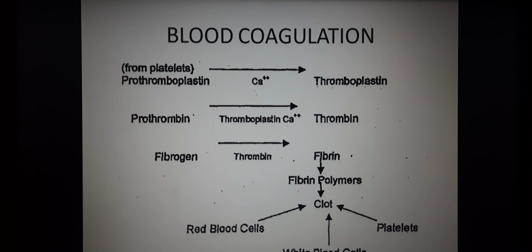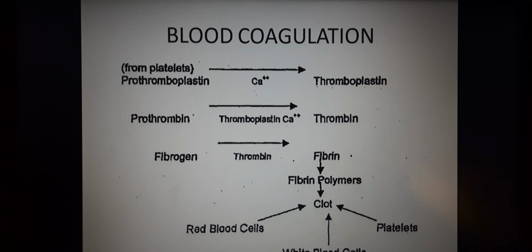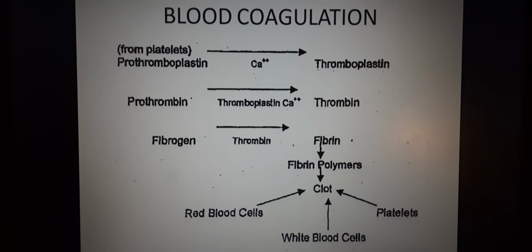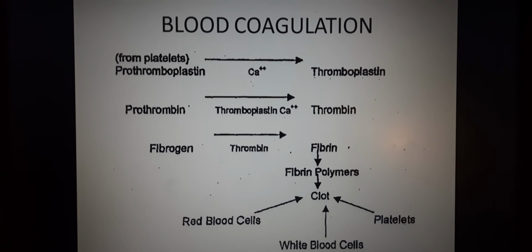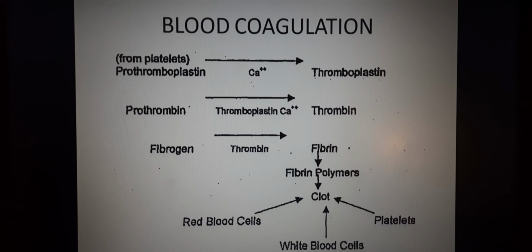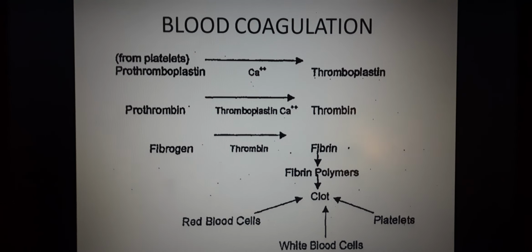This is the most important thing: the coagulation of blood. Coagulation of blood is very important, because whenever there is any trauma, that is any cut or accident, blood comes profusely from our wound.